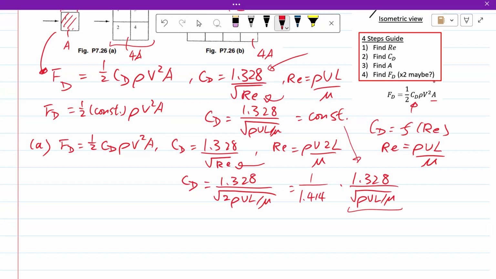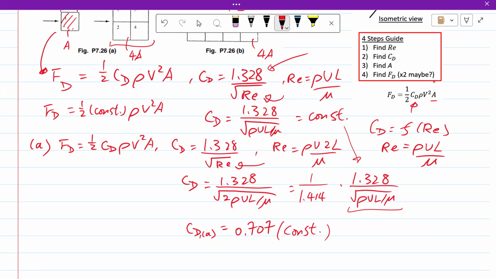So all you just gotta do is 1 divided by 1.414, and the drag coefficient for configuration A becomes 0.707 times your constant from before.